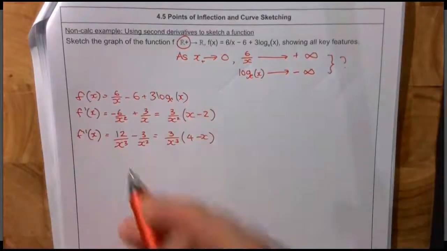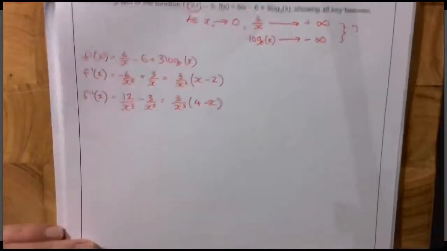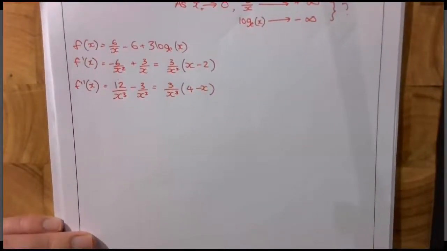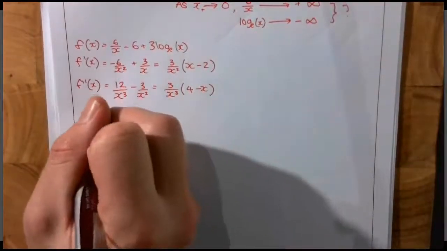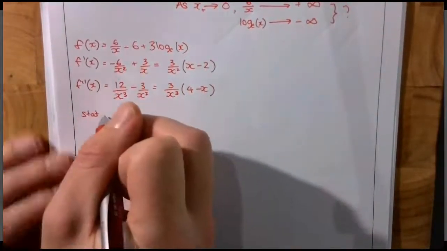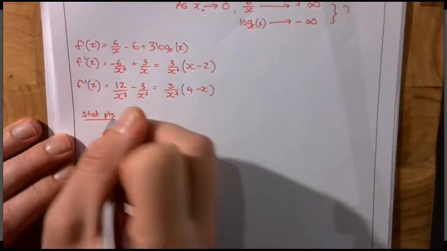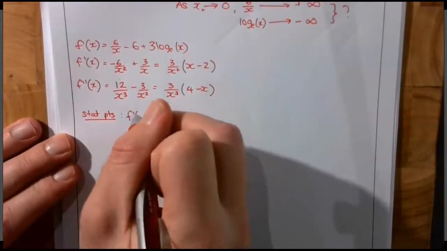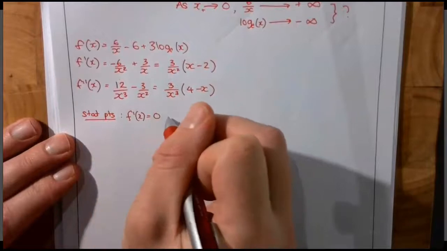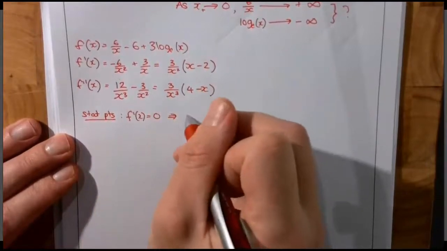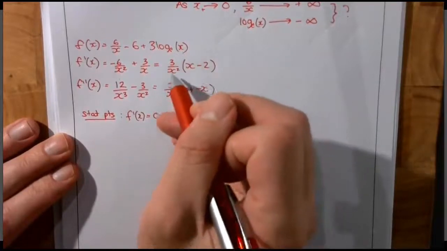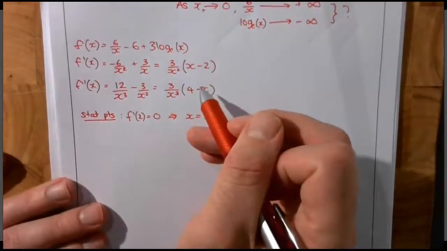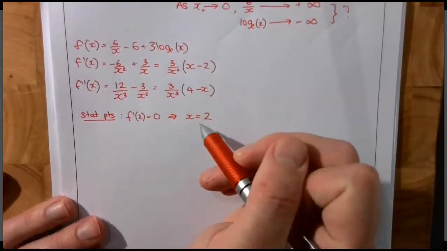Okay, so my basic differentiation done, I could then start to look at stationary points. So if I look at stationary points, when f dash of x equals 0, that implies that x equals 2, looking at the expression here for f dash of x.